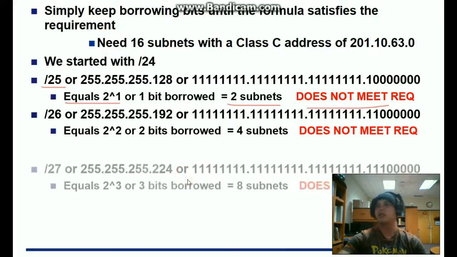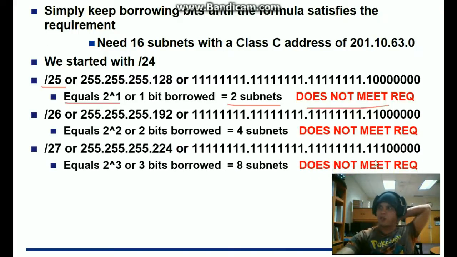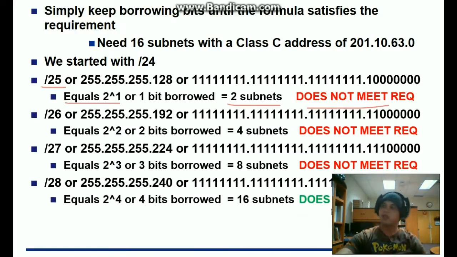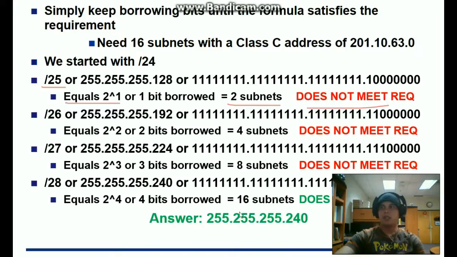Moving on. /27, borrowed 3 bits, can only make 8 subnets, does not meet. Borrow 1 more. Notice once we plug it into the formula, it equals 16. Finally, this meets our requirement. Good. So, that is our answer. 255.255.255.240. This will give us 16 subnets with this class C address.